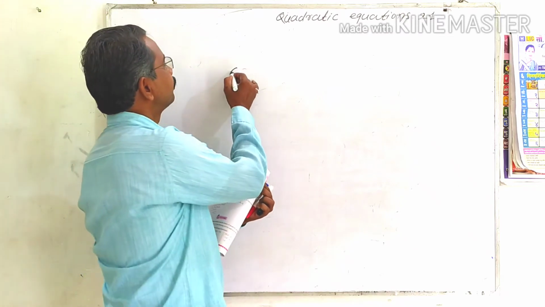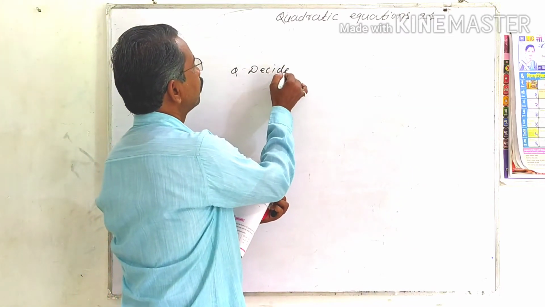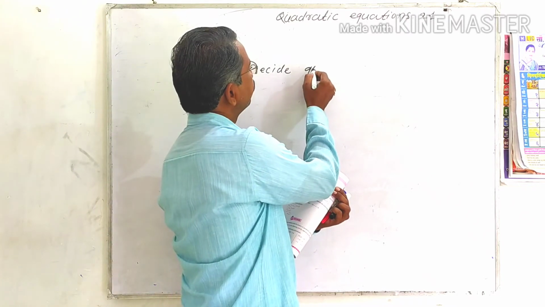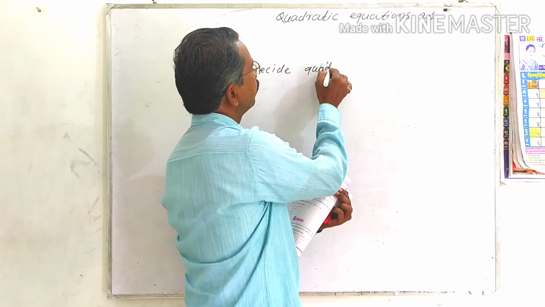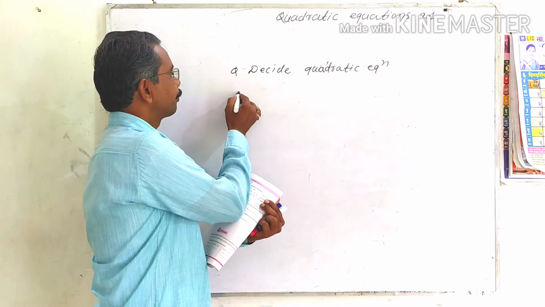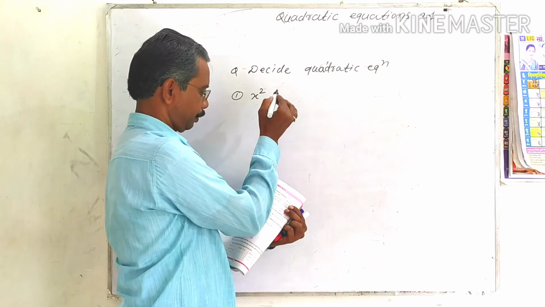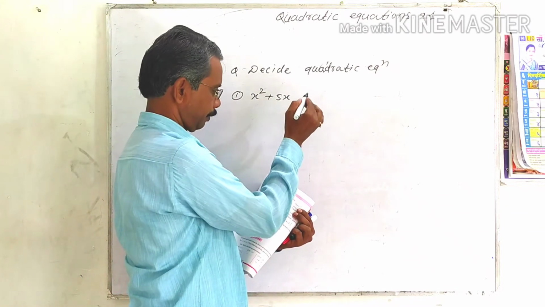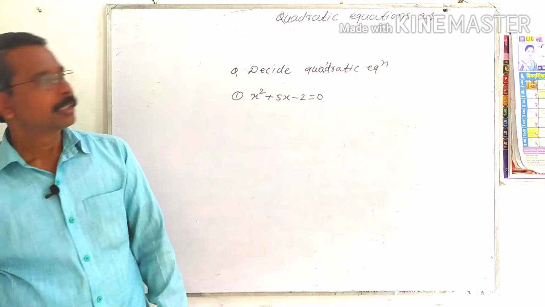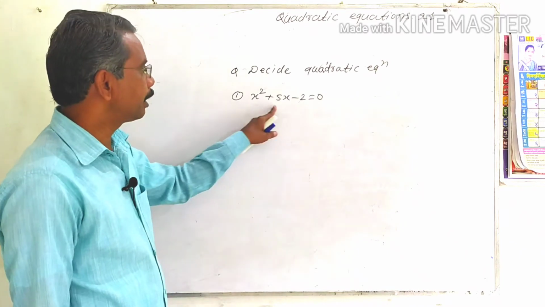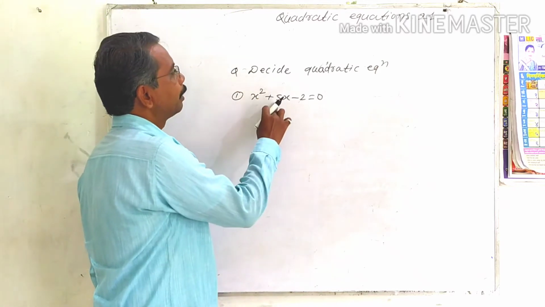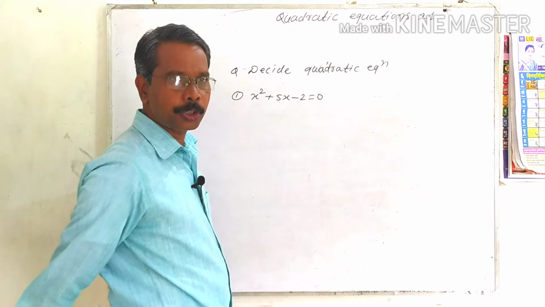Now the question is whether it is quadratic equation or not. Let us see. x square plus 5x minus 2 equal to 0.